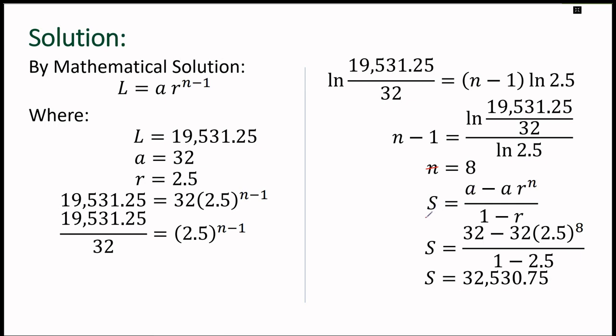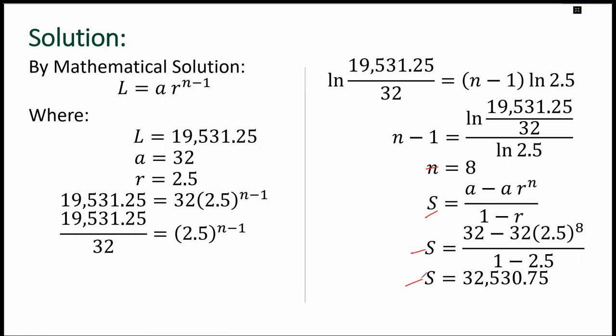Okay, so we have s is equal to a minus ar to the power of n over 1 minus r. Substituting the values, s is equal to 32 minus 32 times 2.5 to the power of 8, over 1 minus 2.5. So we have the value of s equal to 32,530.75.